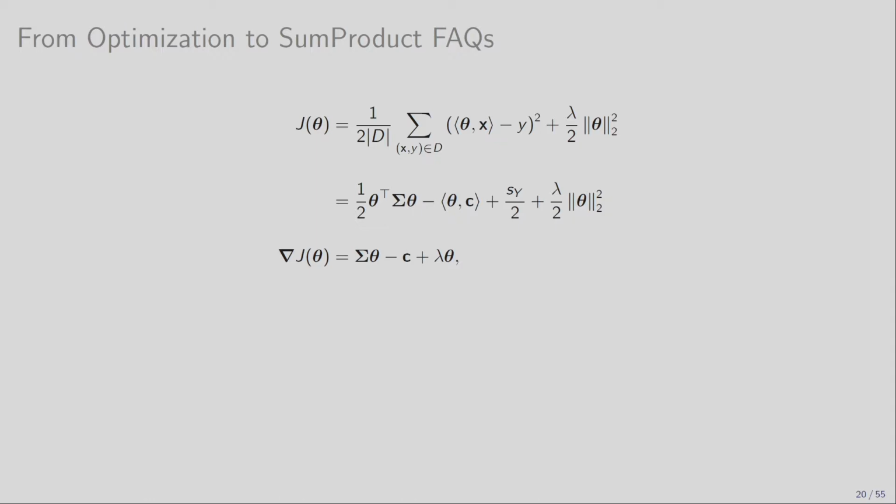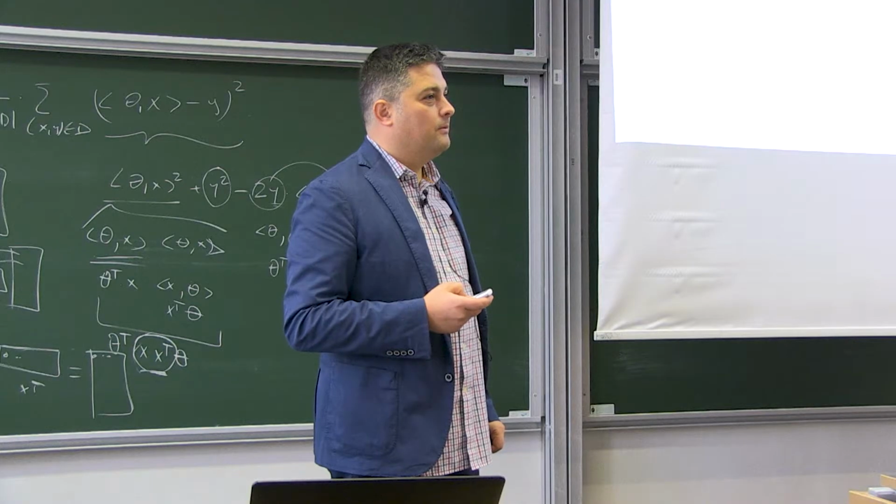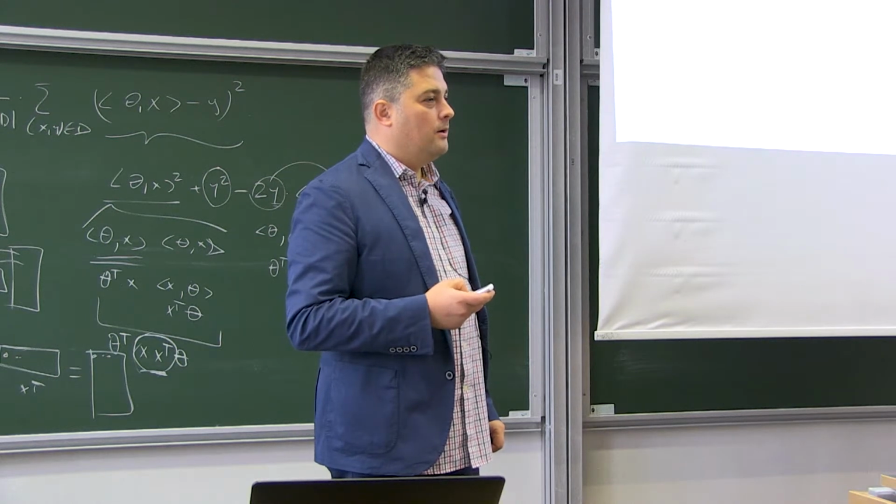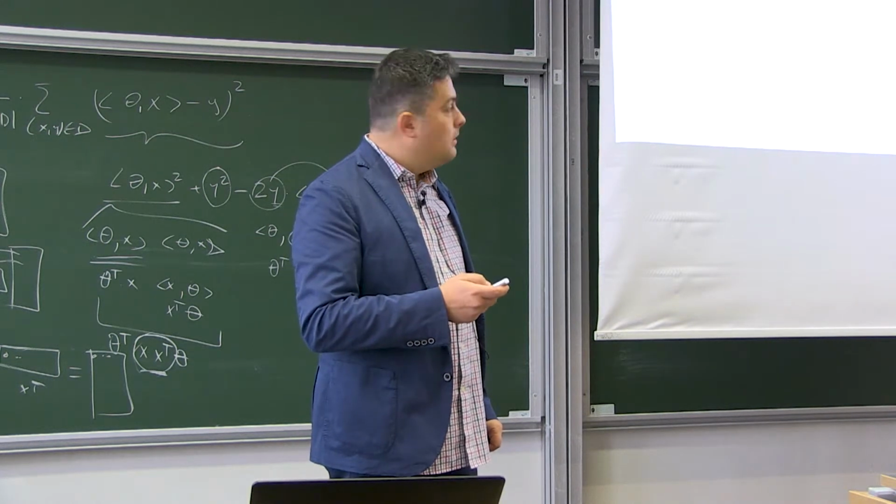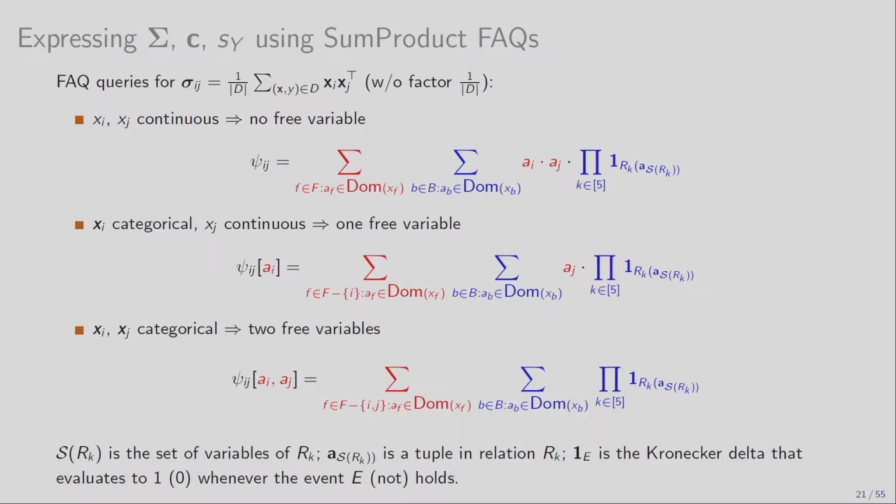These psi ij's represent the entries in sigma, or the entries in C. We have these queries for each sigma ij, which is an entry in the sigma matrix, and every entry in the sigma matrix is defined like that. So the psi ij defines sigma ij.